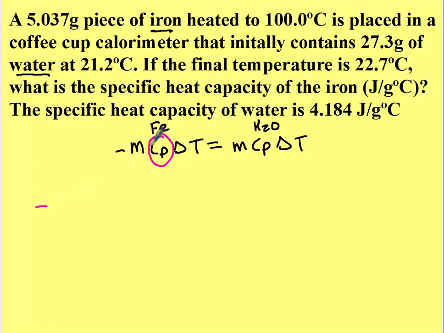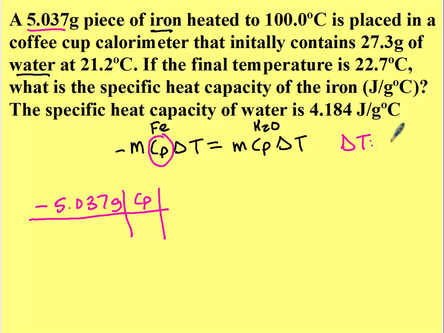So I have negative 5.037 grams. I don't know the Cp. And delta T should be your final temperature minus your initial temperature. So the final temp is always the same for both substances.